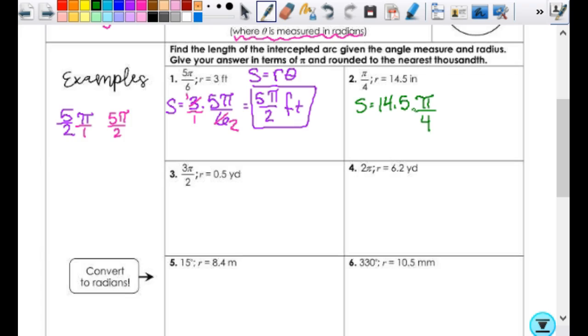What did y'all get? 29 pi over 8. Do y'all agree with that? Okay. I skipped the decimal part of that. That's fine. We don't have to go back. We get 29 pi over 8.